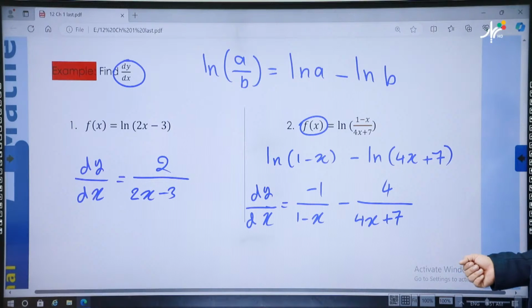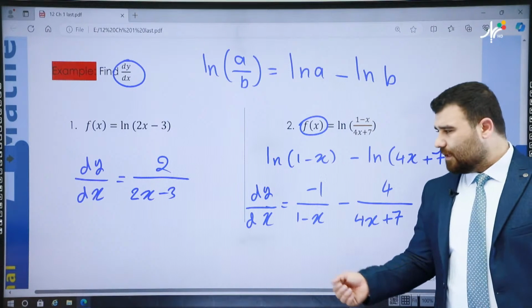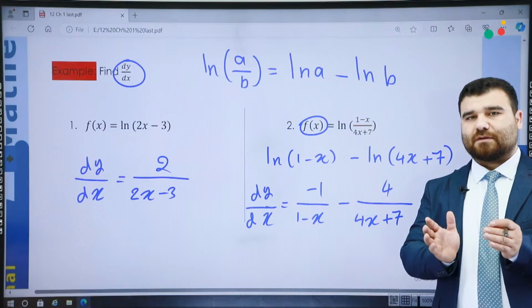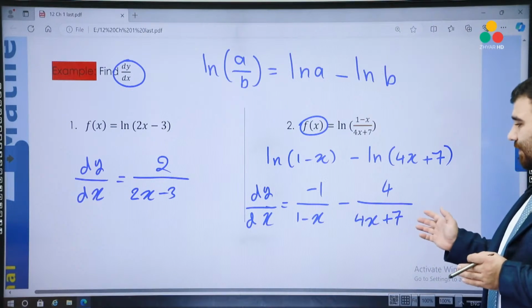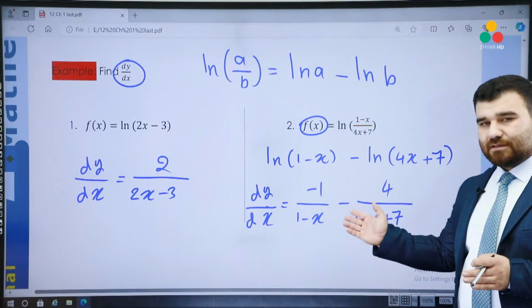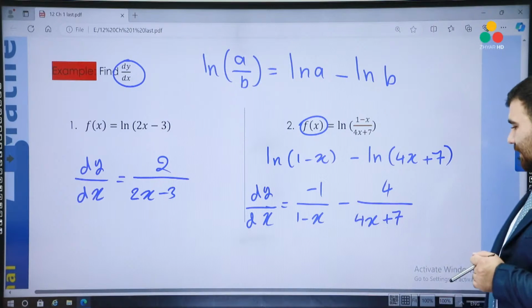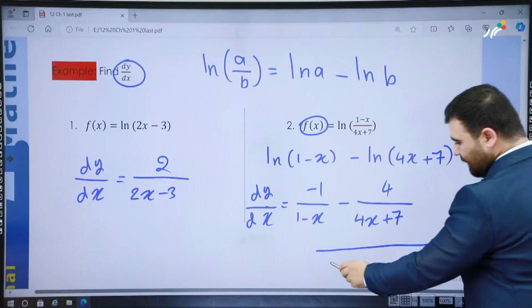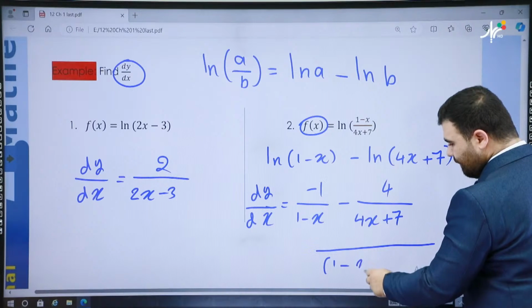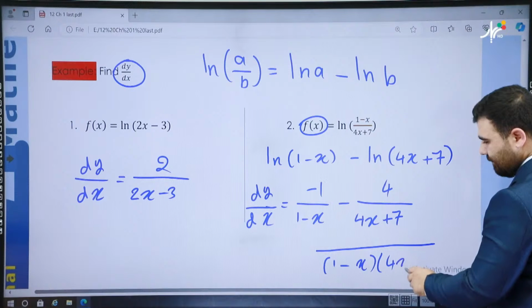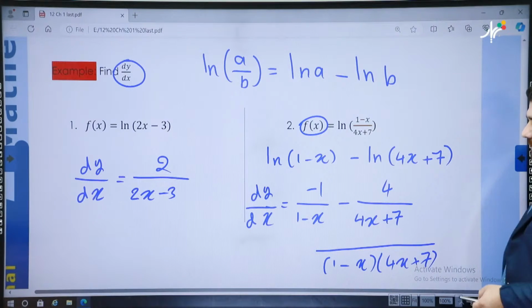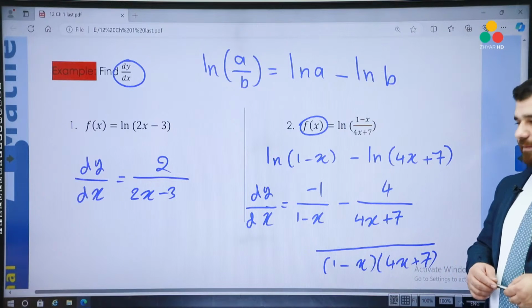Now, if you see this question in the exam, they will not give you the choices in this form. They'll make the two fractions one. And to make the two fractions one, because between them is minus, we need to find the common denominator. The common denominator has both denominators: 1 minus x, 4x plus 7. Both denominators together is the common denominator.